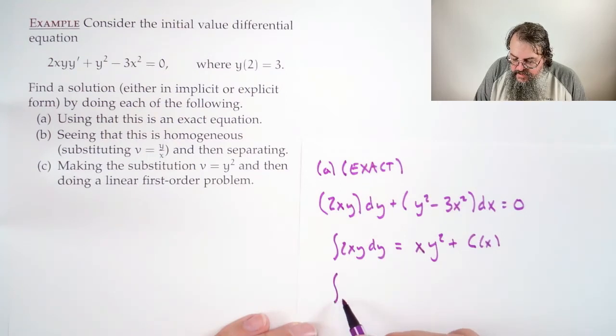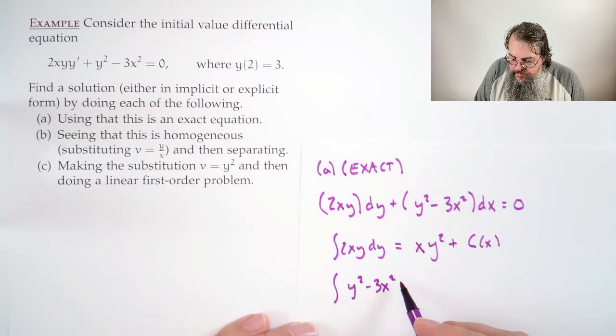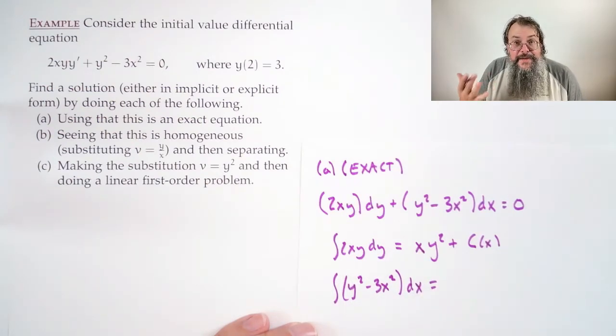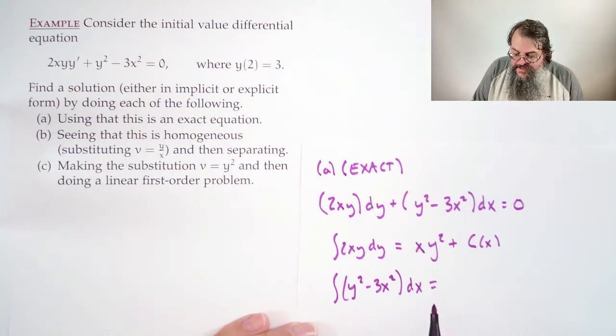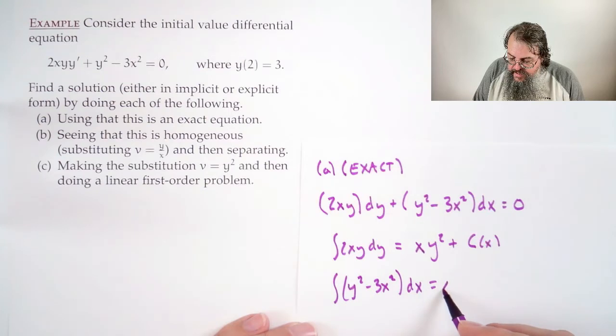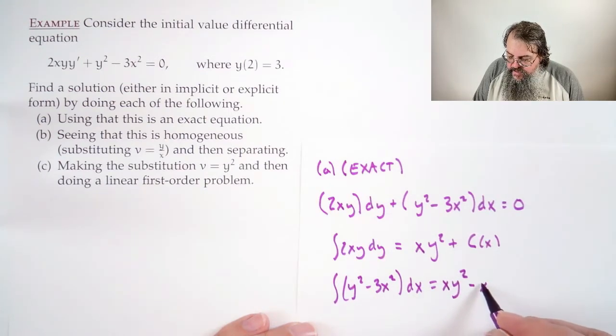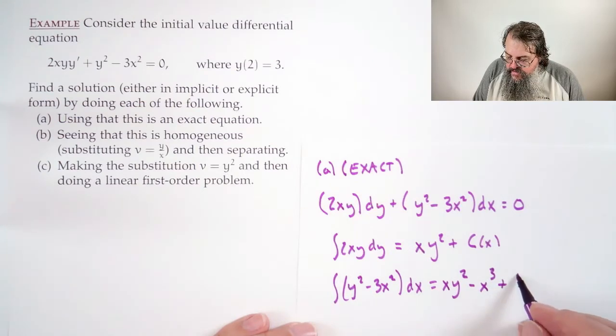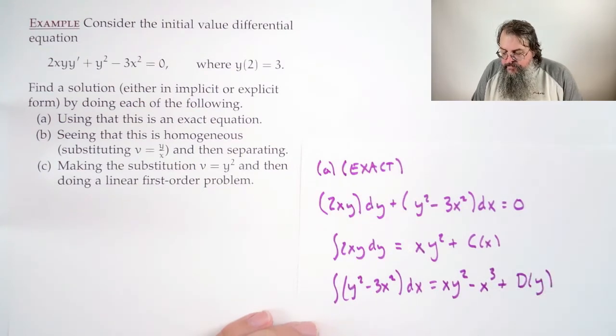The other integral, y squared minus 3x squared dx, well, now we're integrating with respect to x. Y squared is a constant, so the integral of that would be x times it, so xy squared, and minus the integral of 3x squared, that's a popular one, that's x cubed, plus, okay, something which depends on y.